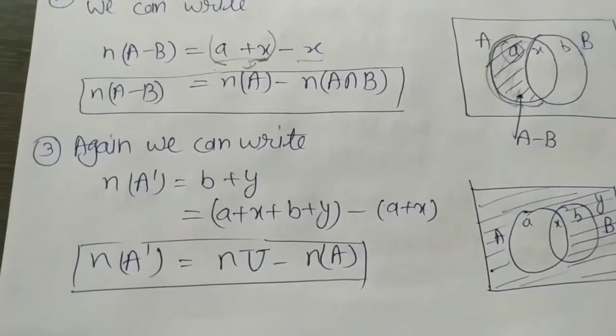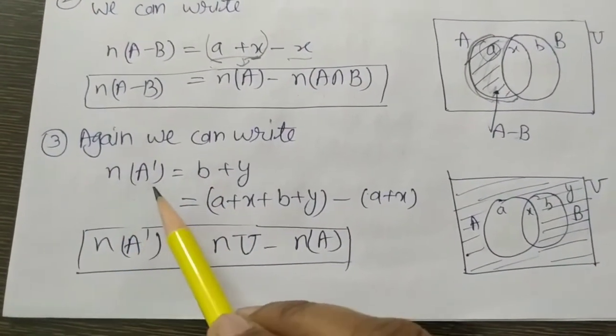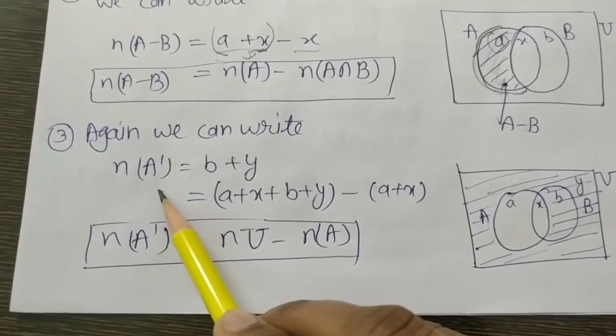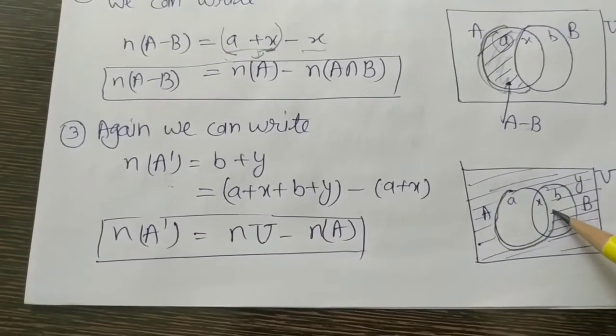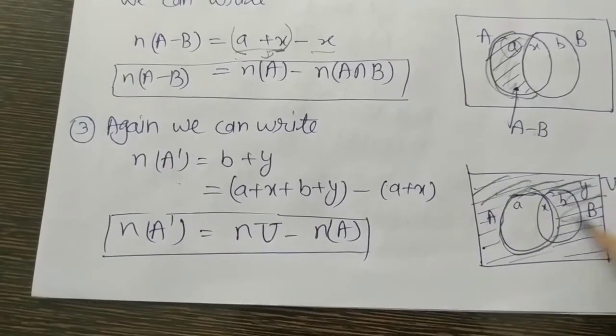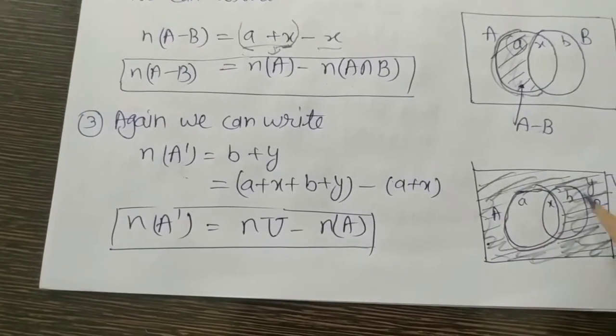Similarly, if I want number of element in A dash or number of element in not A, look at here, this is complete A. Then not A means this shaded part. How many elements are in this shaded part?